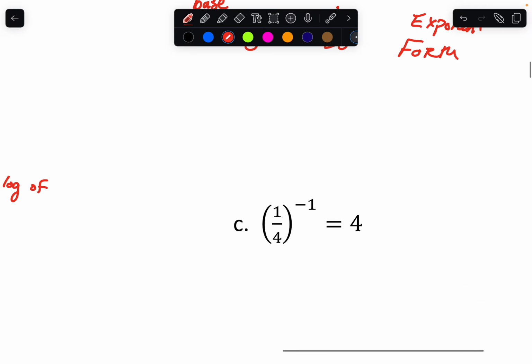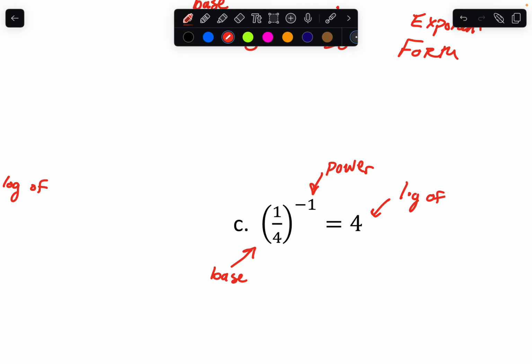And again, we're just recognizing the base, and then this is the power, or exponent, and this is the one that I'm taking the log of. So we rewrite that. We're looking at log base 1/4, that's a little subscript, the log of 4.